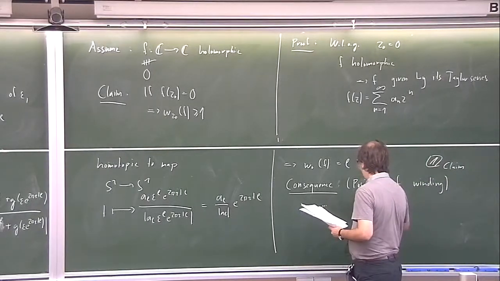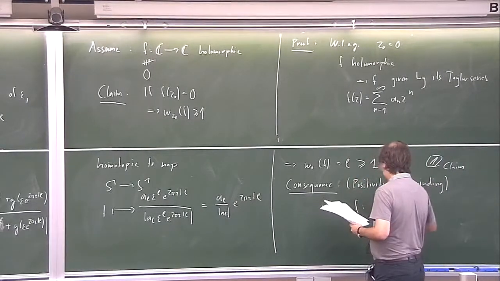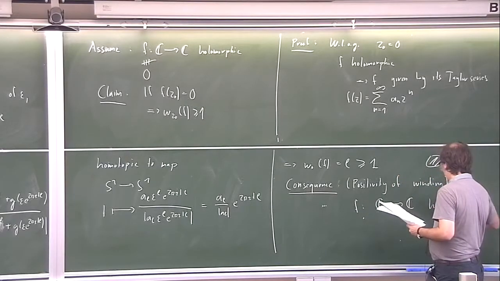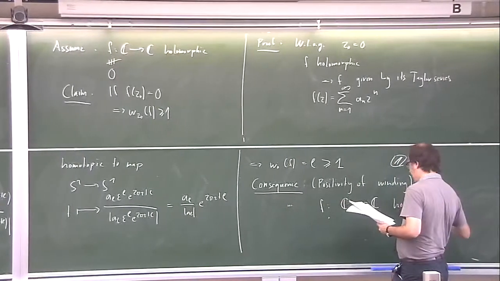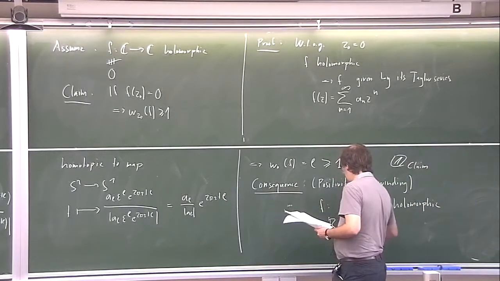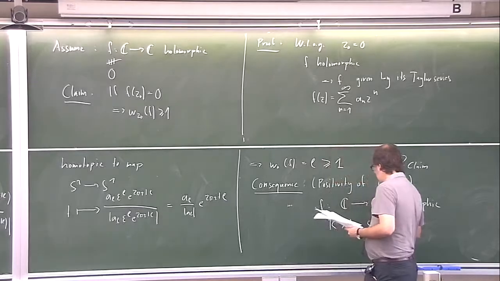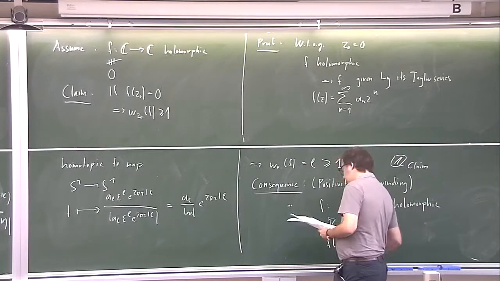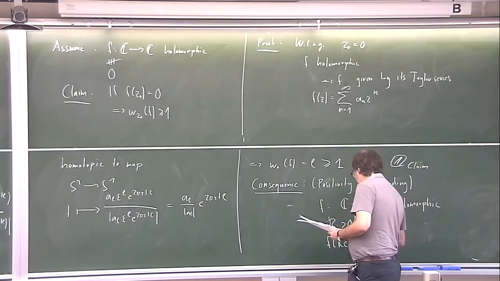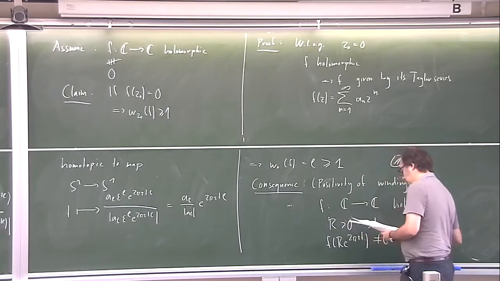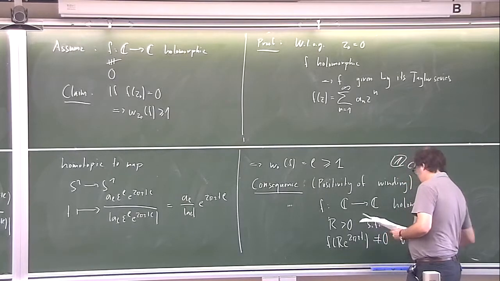Suppose we have f from C to C holomorphic, and we have R bigger than 0 such that f of R e^{2πit} is different from 0 for all t in S^1.